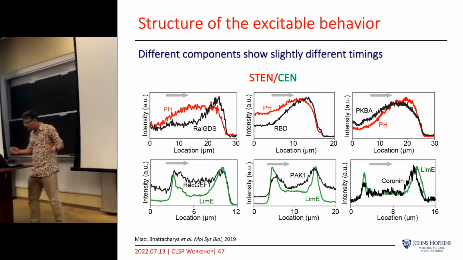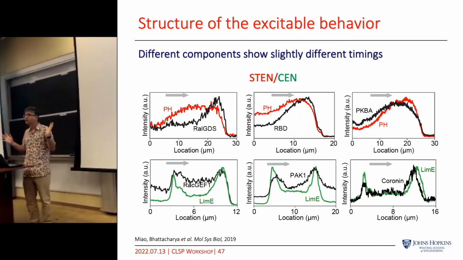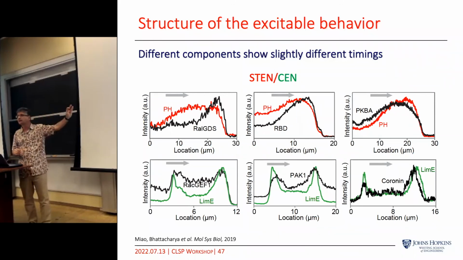When you look at the different patterns, it turns out that they belong to slightly different parts of the regulatory mechanism. So we call them STEN and CEN. STEN stands for Signal Transduction Excitable Network, the regulatory proteins.